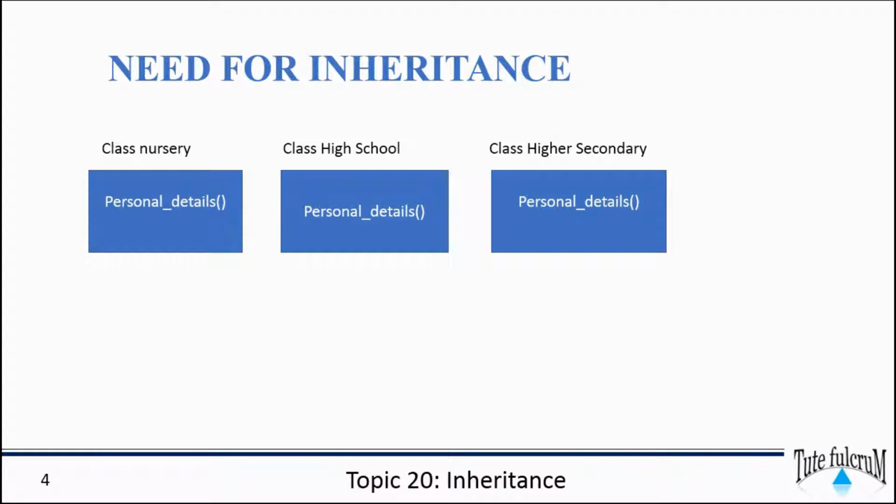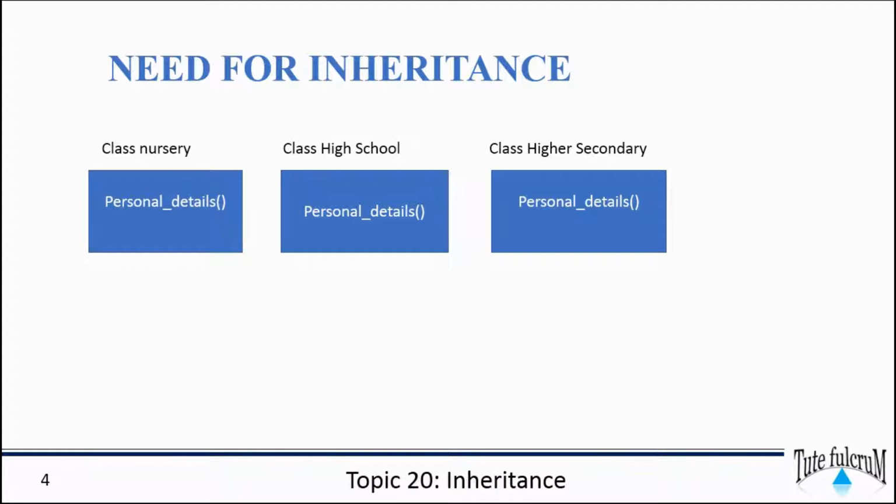Every student, let them belong to nursery or high school or higher secondary, will have their own personal details. If we create these classes avoiding inheritance, then we have to write this personal details function in each of the three classes.